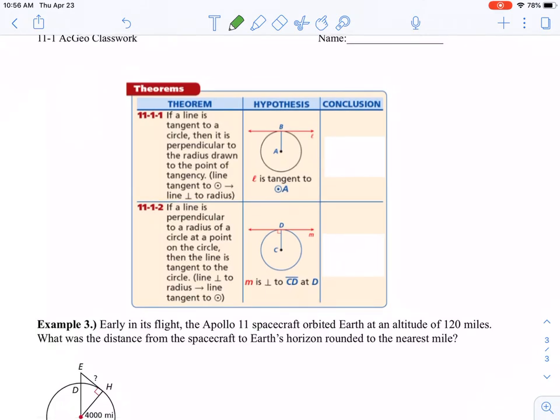And then moving on to our next set of theorems, we have theorem 11-1-1 that states that if a line is tangent to a circle, then it is perpendicular to the radius drawn to the point of tangency.